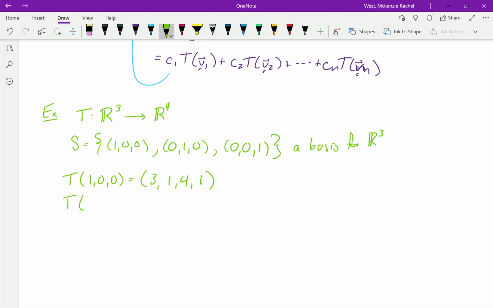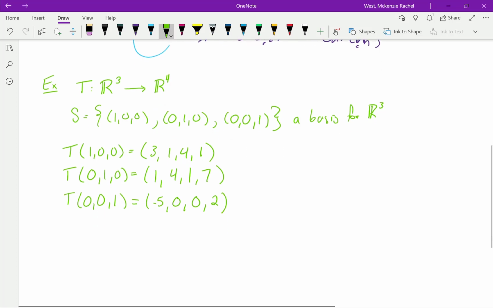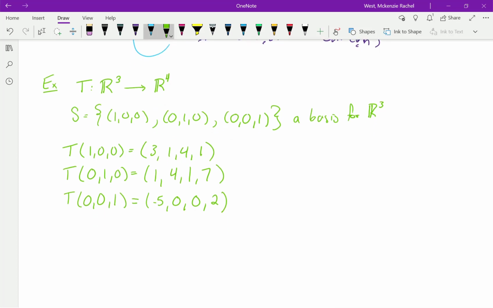And T of (0, 1, 0), let's have be (1, 4, 1, 7). And (0, 0, 1), let's do (-5, 0, 0, 2). Each one of these inputs a three-dimensional vector and outputs a four-dimensional one. So cool, we've got the right domain and codomain.